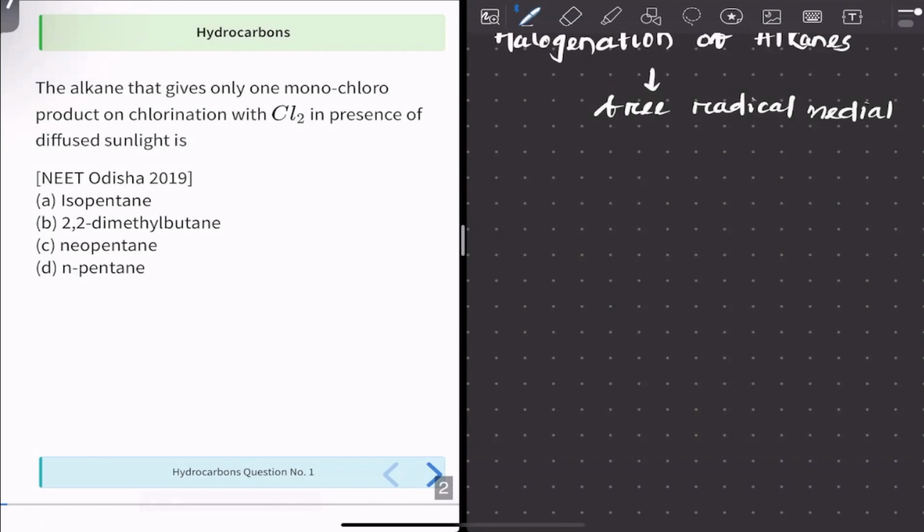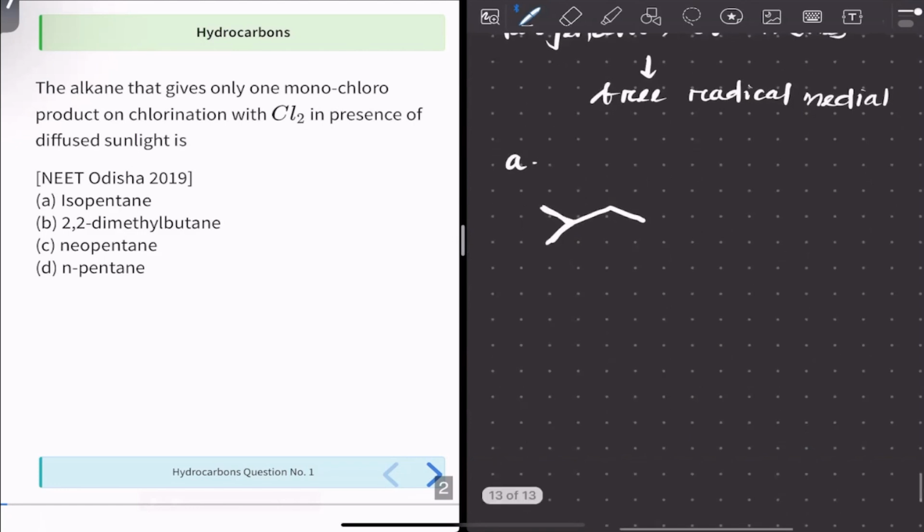let's draw the A, B, C, D option structures. Okay, in A it is given isopentane. Isopentane structure means this. I am writing the skeletal form, 1, 2, 3, 4, 5. Okay, it is isopentane.